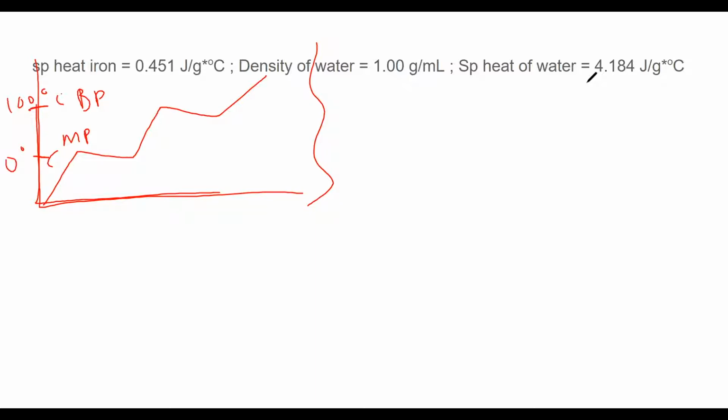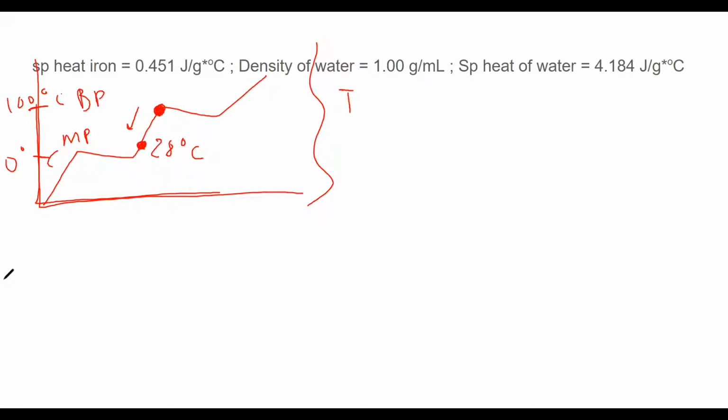Initially, the water was at 100 degrees Celsius, right here, and then it changed down to 28 degrees Celsius. There was no phase change. There was only one temperature change.